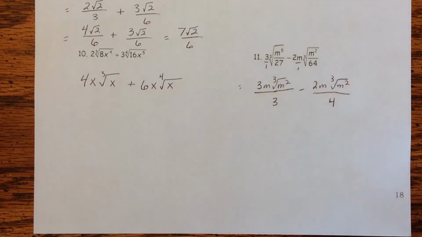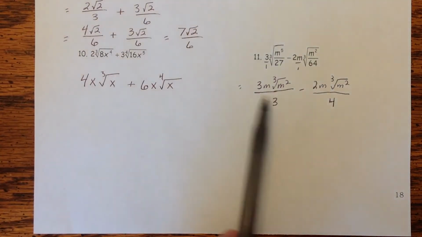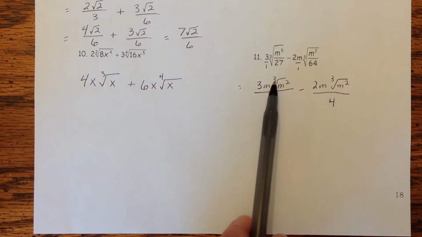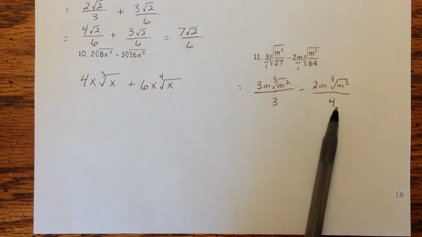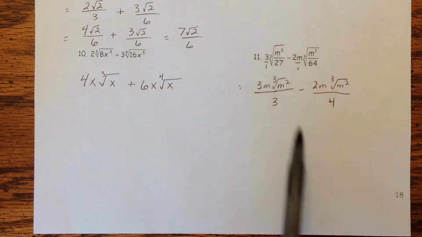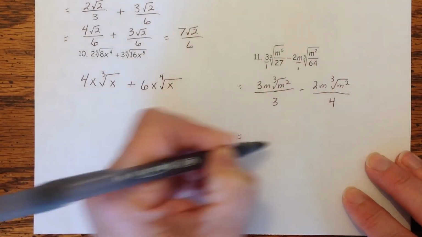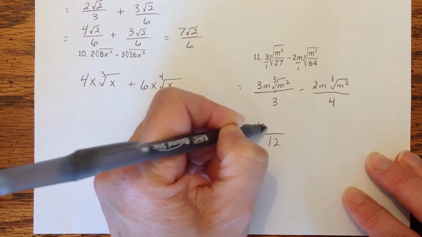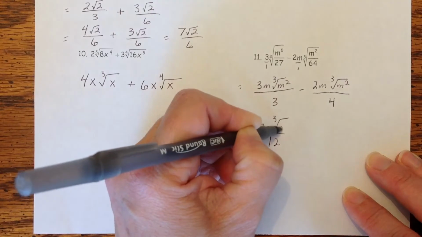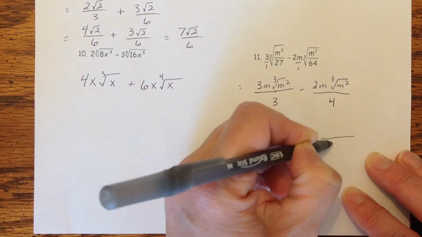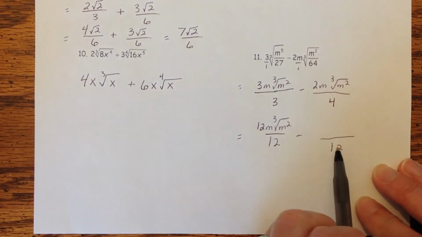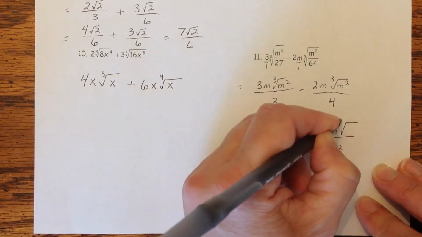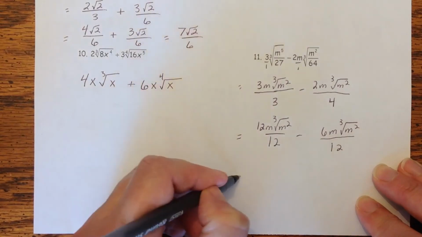Now, I need to make a common denominator because the numerators are like terms. I have an m and a cube root of m squared for both, but I need an LCD to continue, which would be 12. So to get to 12, this would be by 4, so this is 12m cube root of m squared minus, this is also needing to be 12, that's by 3, so this is 6m cube root of m squared.